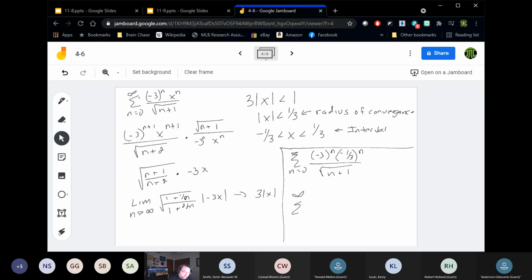Now we have to figure out if it works at negative 1/3 and positive 1/3. So we're going to look at these two series. You have to determine if they converge or diverge at each of those points. So do your tests and determine if each series converges or diverges.